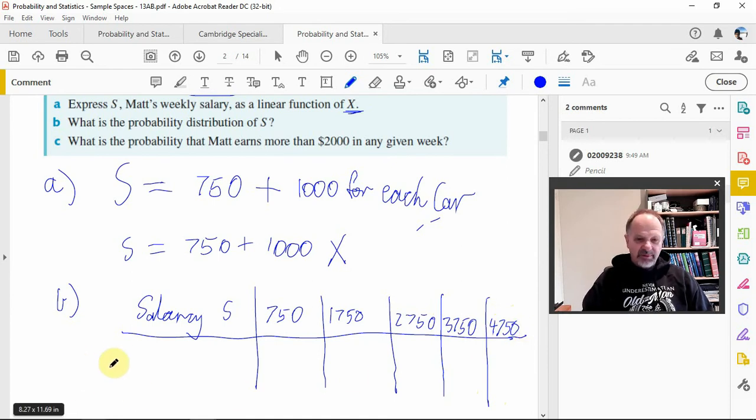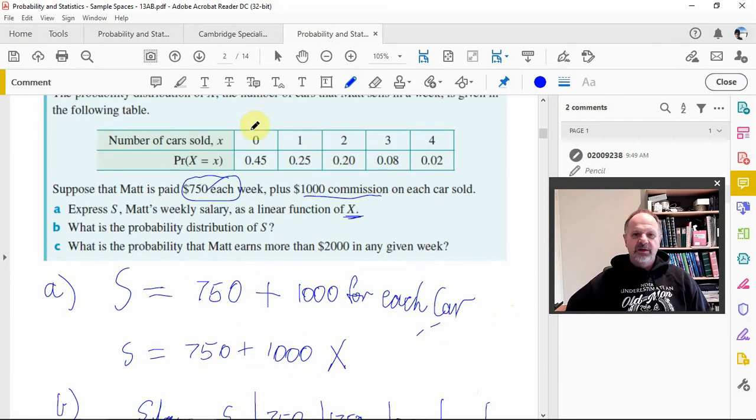And so the probability of each of those, that S is equal to little s, is exactly the same. All right, because all we've actually done is change this top line here from numbers of cars sold to actual salary, money you take home. And so the probability of how much money you take home depends on the cars you sell.